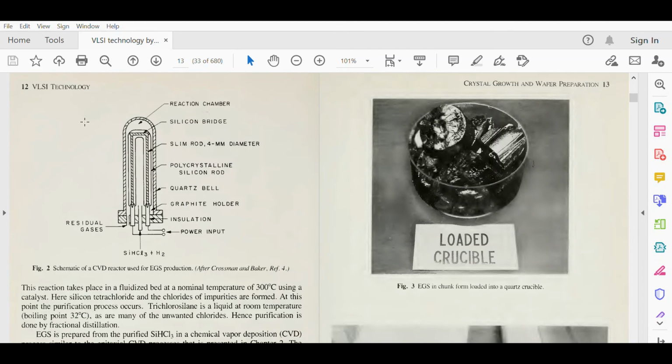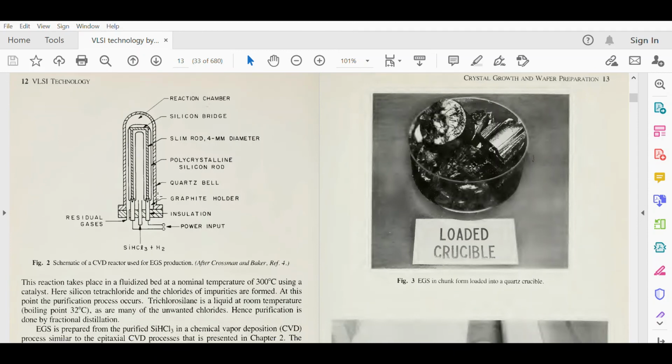Well, we are going to study it in detail, but here you can just have the brief idea. This is the reaction chamber, this is the silicon bridge, this is the slim rod of 4 mm diameter, this is the polycrystalline silicon rod, this is the quartz bell and graphite holder, and here is the power input, this is the insulation, and inside this EGS is produced and the whole chemical reaction happens.